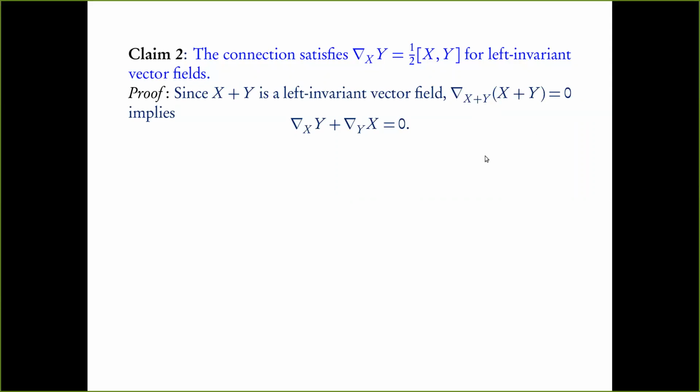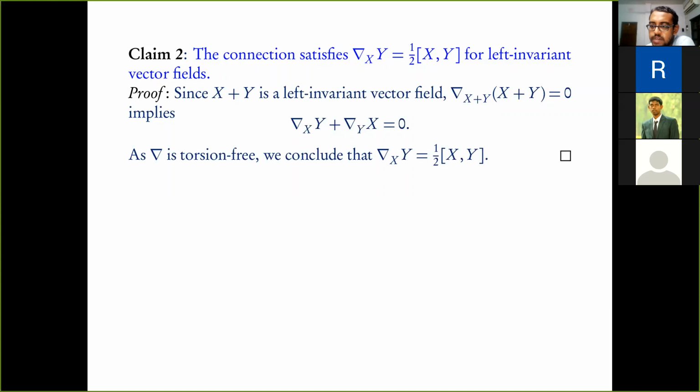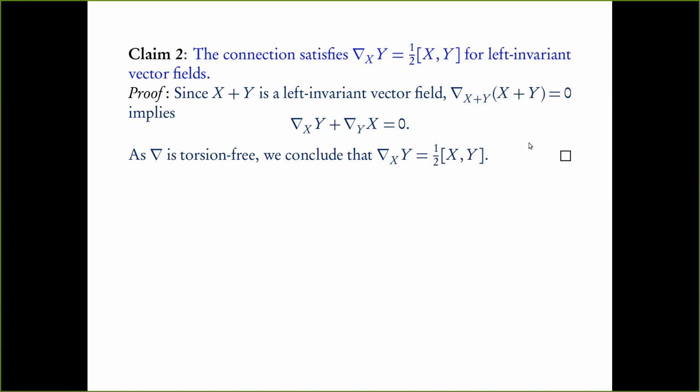So if I use torsion free, then torsion free means nabla xy minus nabla yx is the Lie bracket xy. So on the one hand, the sum is 0. On the other hand, the difference is the Lie bracket, which means that nabla xy has to be half of the bracket xy and nabla yx has to be half of the bracket yx, right? So that's it. Torsion free tells you that claim 2 is true. It's a short proof, but it's a nice proof, that you see how the Lie bracket and all the Lie structures come into play.